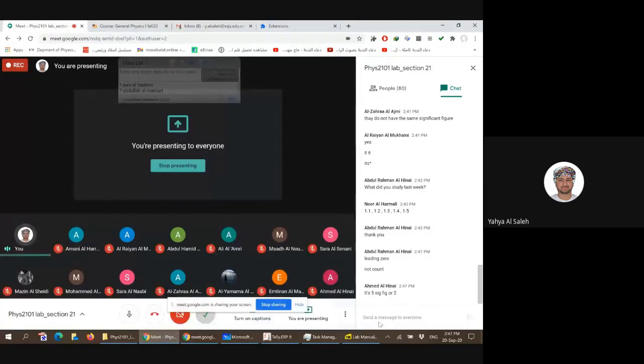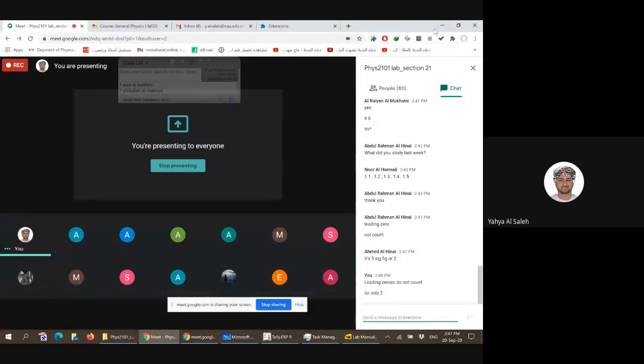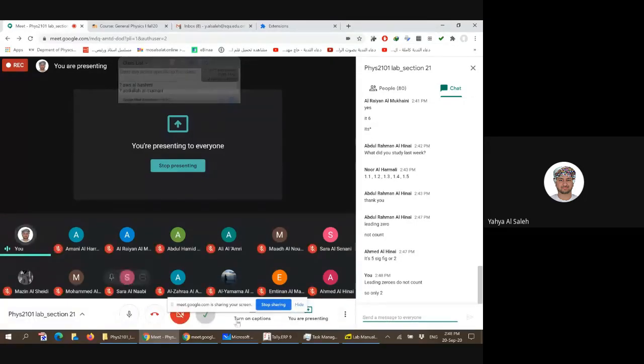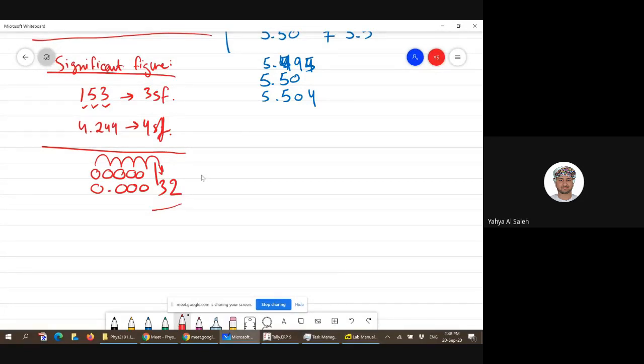It is only 2. Leading zeros do not count. Now, I was confused by this myself at some point, but apparently these are the rules. But zeros after significant figures do count.